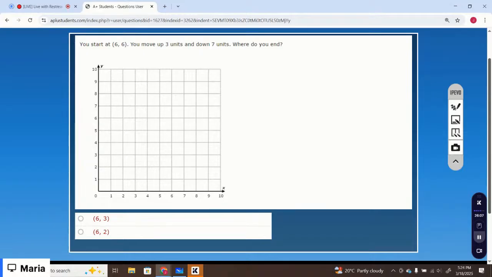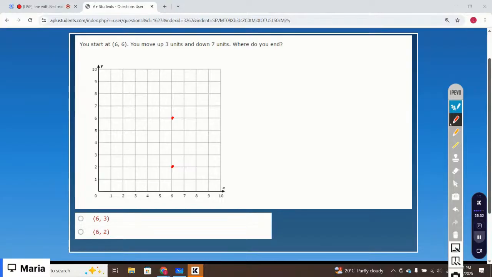You start at 6, 6. You move up 3 units and down 7 units. Where do you end? X is 6, Y is 6. Here it is. Move up 3 units: 1, 2, 3. Move down 7 units: 1, 2, 3, 4, 5, 6, 7. So you end up here.